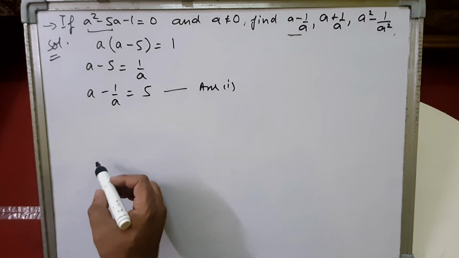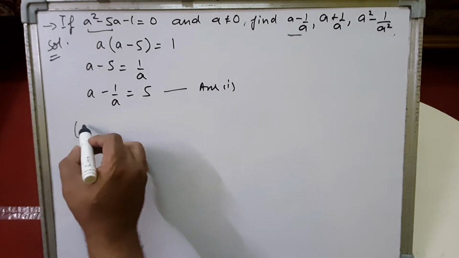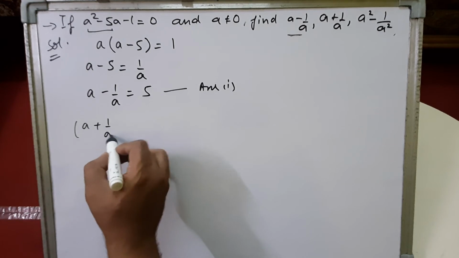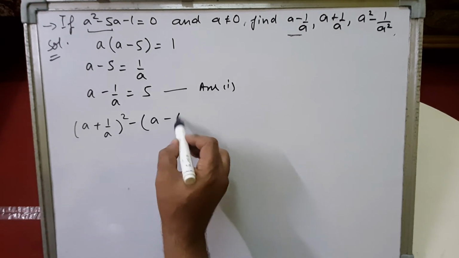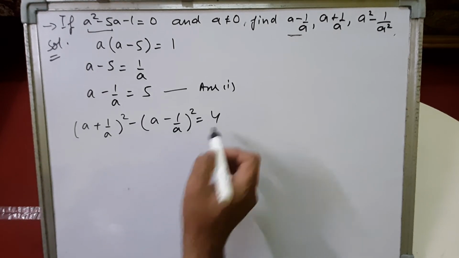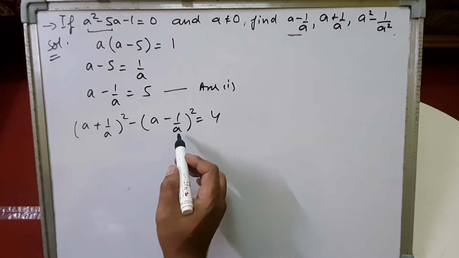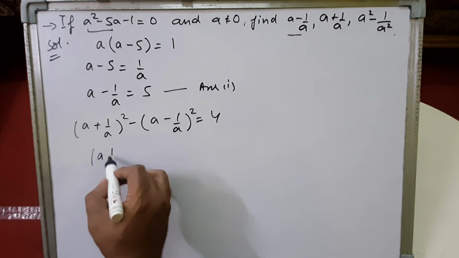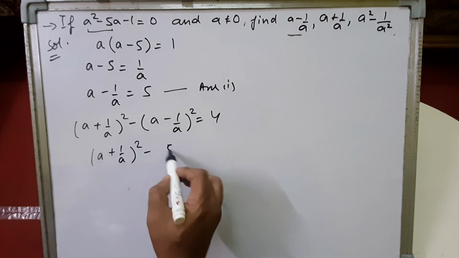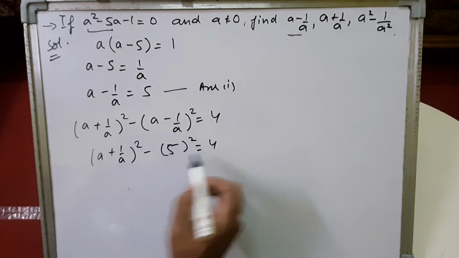Alright. Now, if we apply this formula, a plus 1 upon a to the whole square minus a minus 1 upon a to the whole square is equal to 4. And substitute the value of a minus 1 upon a as 5 here, we'll get a plus 1 upon a to the whole square minus 5 square is equal to 4.